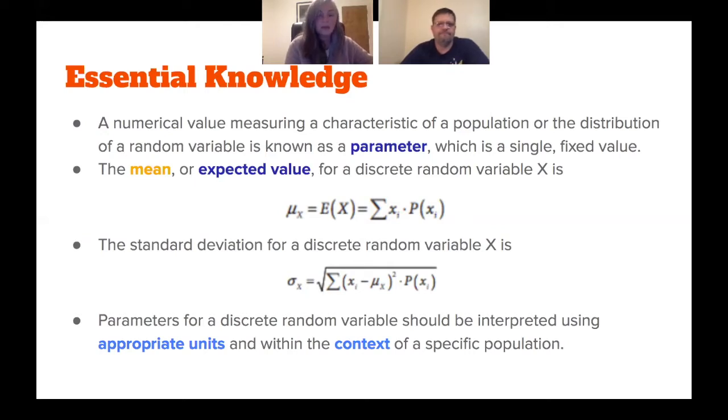Okay, so a numerical value measuring a characteristic of a population or the distribution of a random variable is known as a parameter, which is a single fixed value. Just one. And the first one that we're going to use very often is the mean. When we talked about mean in middle school, we added up all the numbers and divided by the number of numbers.